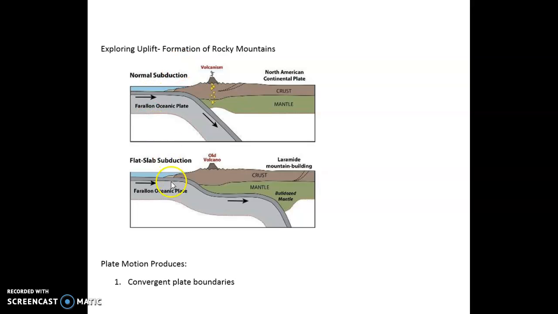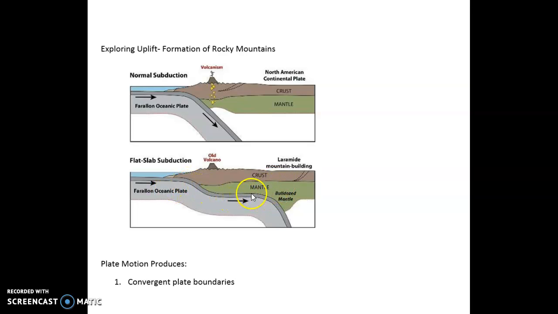What happened with the Rocky Mountains? This is not typical, but for some reason this plate that was being subducted didn't travel at a steep angle like it normally does. It came in at a shallower angle, and it kind of scraped.